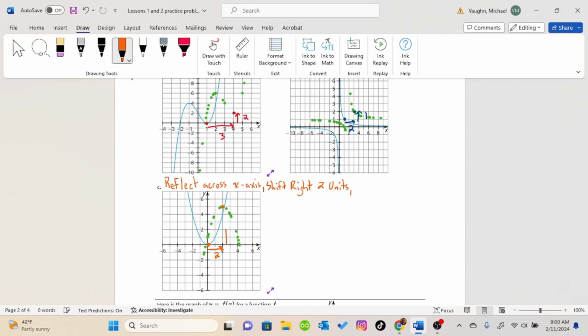Then we're going to have to shift up 5 units. Once we make these transformations, our graphs will align with the plotted data points.